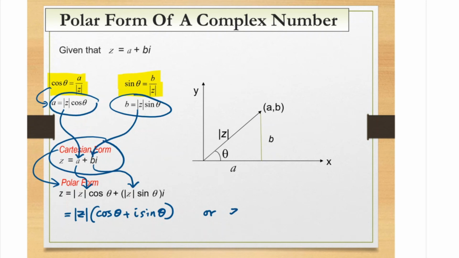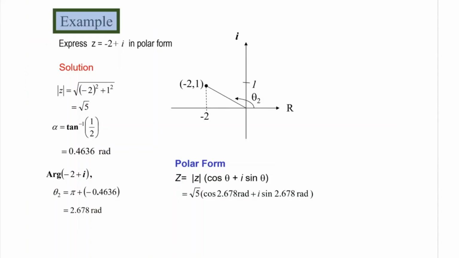Remarks: modulus z can be written as r. Example, express z equal to -2 + i in polar form. From previous example, we have found modulus z equal to square root 5, argument z equal to 2.678 radian.